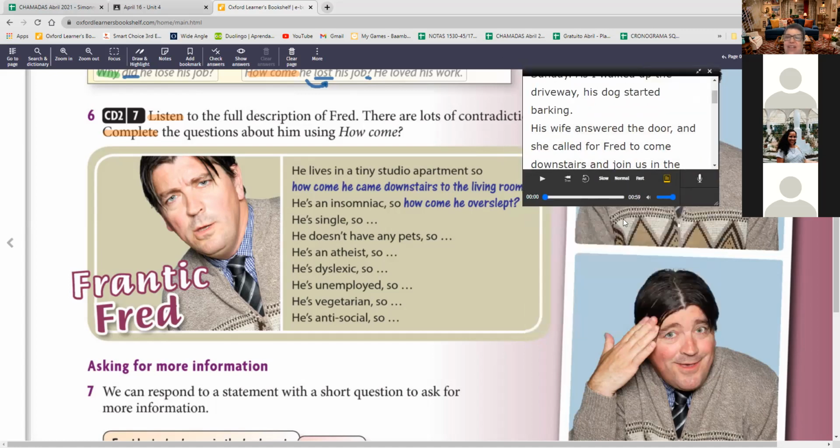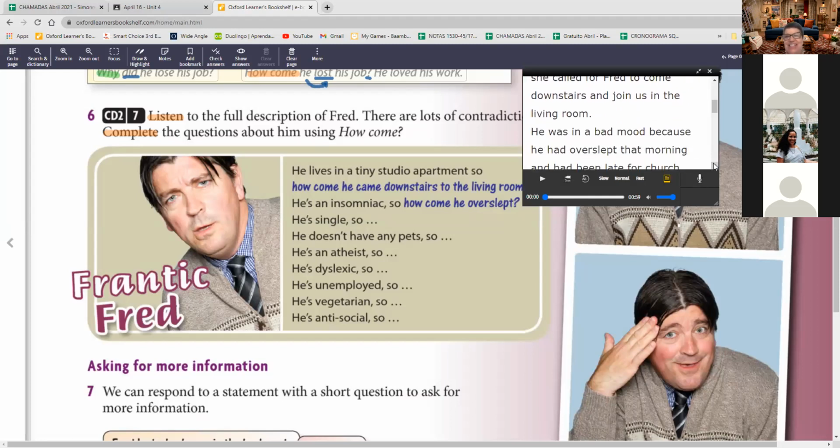If he was an atheist, how come he went to the church? Yeah, you see? A lot of contradictions there, right?